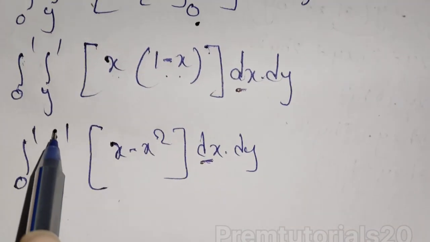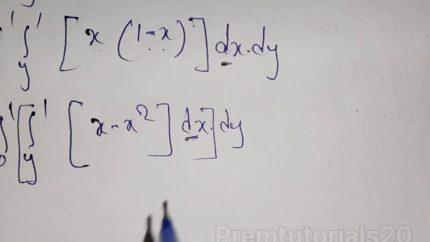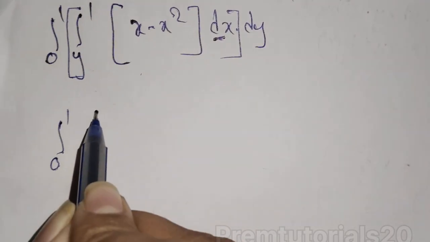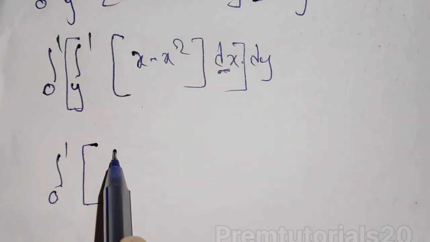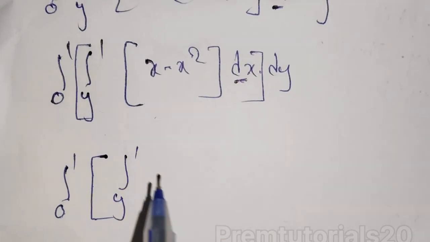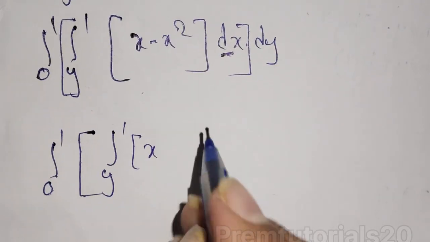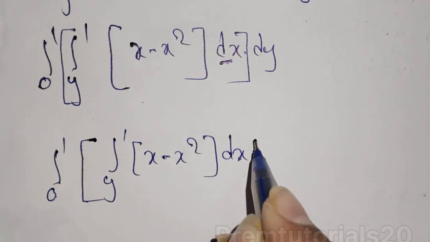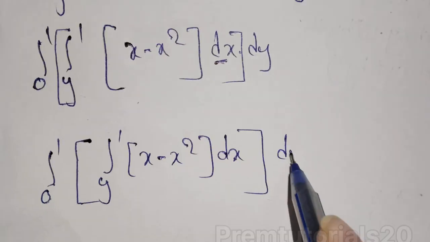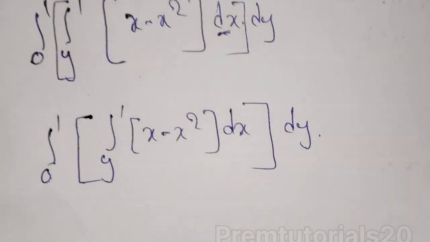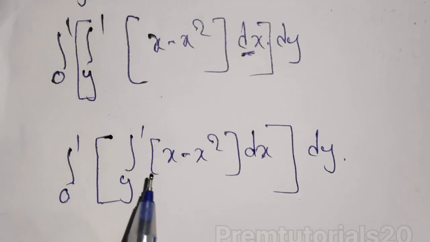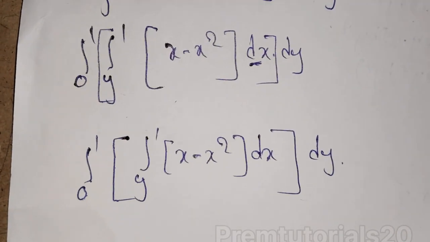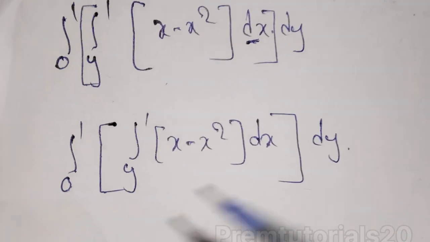Now it's time to go with another integral. What is that? Integral 0 to 1. For understanding, don't forget to place a bracket: y to 1, x minus x square dx, whole dy. That means what we are doing here is gradually decreasing the problem, gradually decreasing the values.